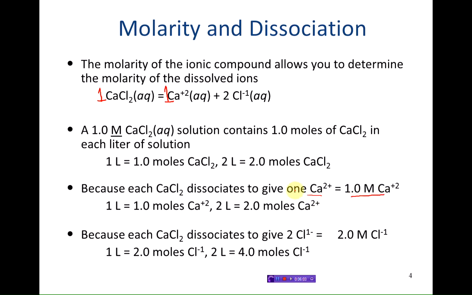But when the calcium chloride dissolves and you get the chloride ions, that is a 1 to 2 mole ratio. So when the calcium chloride dissociates, it gives you 2 chloride anions, and so the chloride anion is 2 molar. It's going to be twice that of the calcium chloride. So you have to take into account that factor.